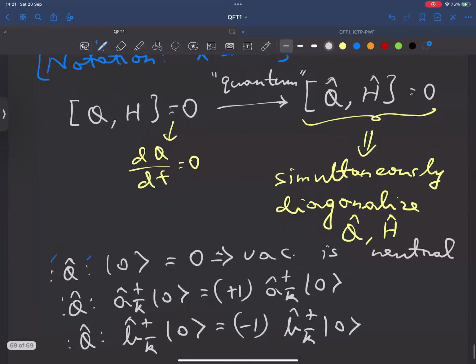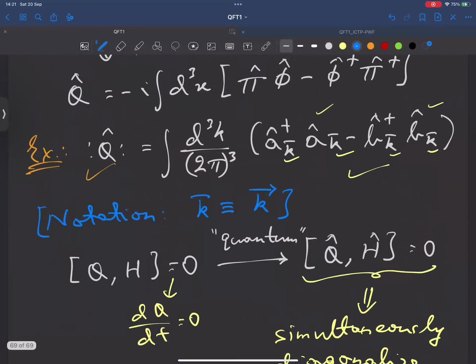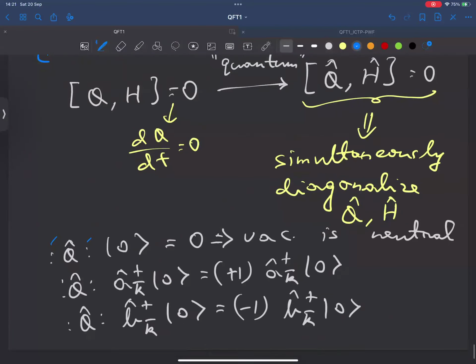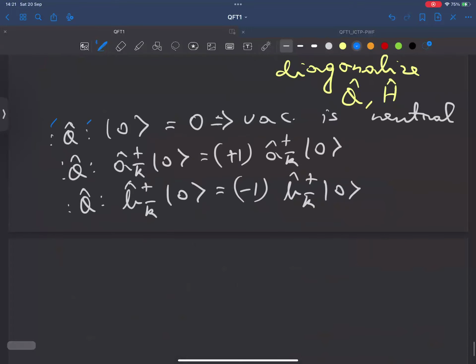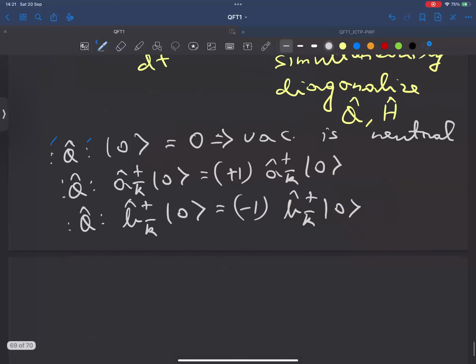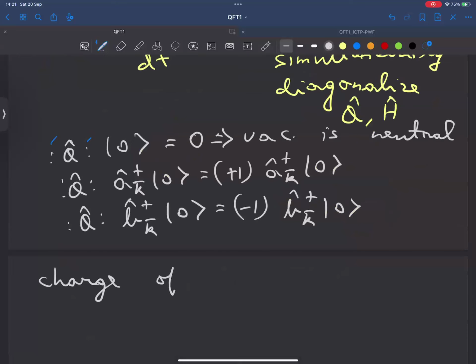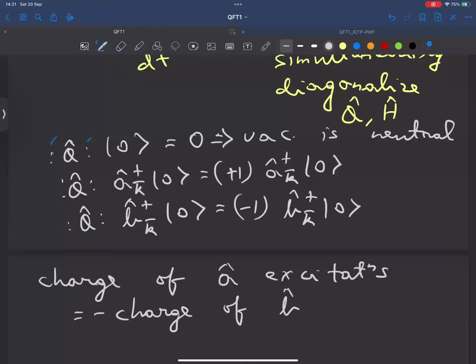Okay, again, that should be clear because you see the B's come with a minus sign here, when you compute the charge operator in terms of the ladder operators. So this means we have now shown that the charge of the A excitations is the negative of the charge of the B excitations. Okay.